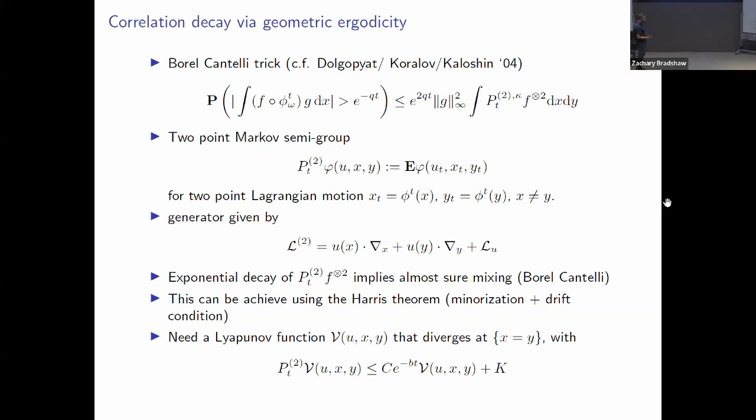But moreover, it also tells you that if you leave some level set of this Lyapunov function, you actually return to it exponentially fast. So you have really tight control on how frequently you come back to these level sets. So more or less, you can restrict yourself to dynamics only in the level set.